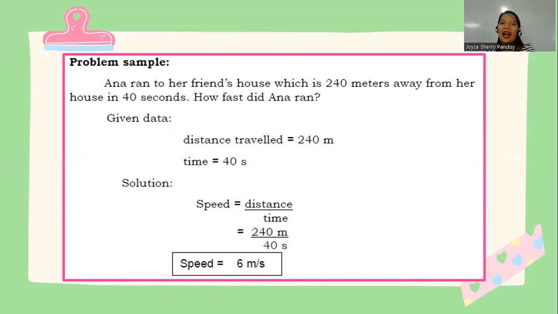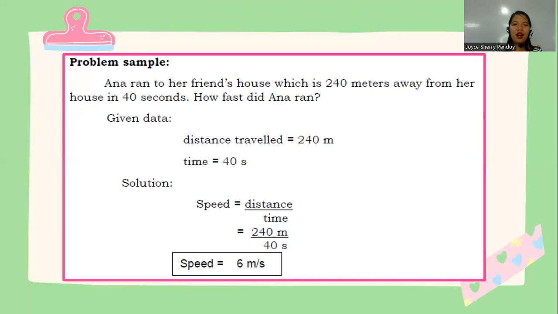Knowing nga ang formula sa speed is equal to distance divided by time, the distance traveled is 240 meters divided by the time spent in traveling, which is 40 seconds. So our speed is equal to 6 meters per second. Okay. So nasabtan na ba?